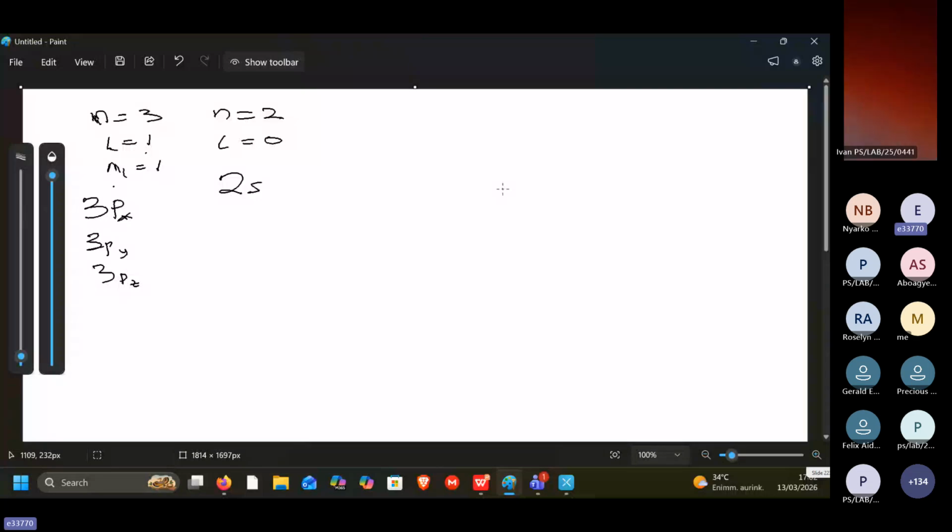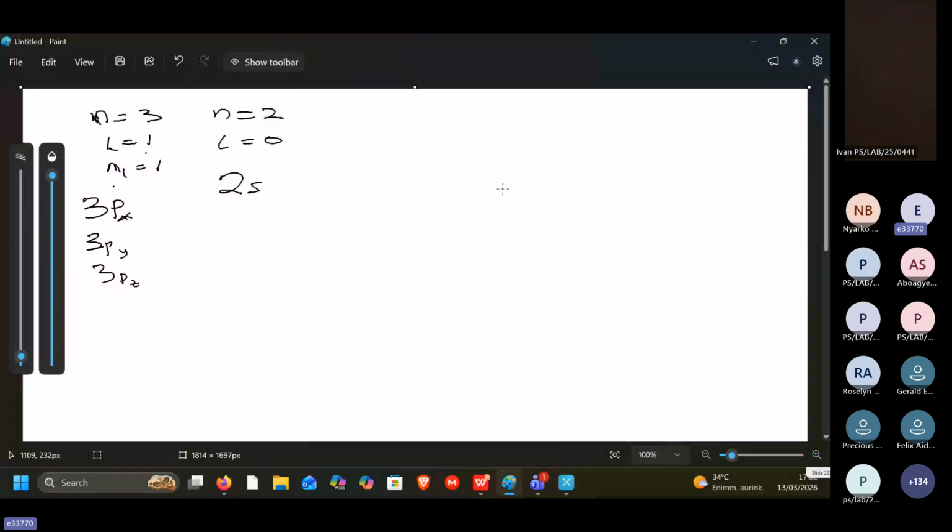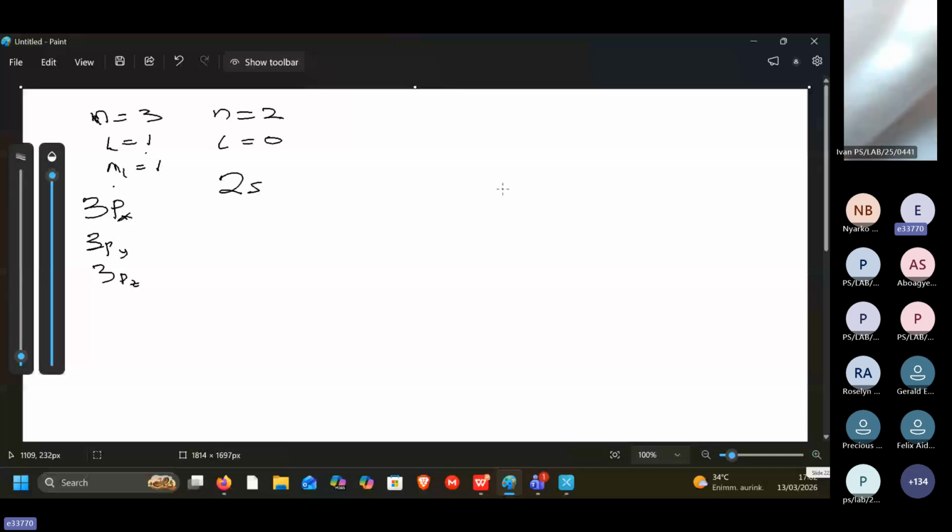Then from that orbitals, we can also notice the orientation, which is the magnetic quantum number. And then we can now include the electrons, whether the electrons are pointing up or they are pointing down. So that's where we have the magnetic spin coming in.